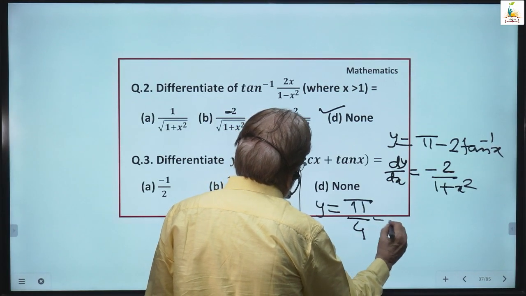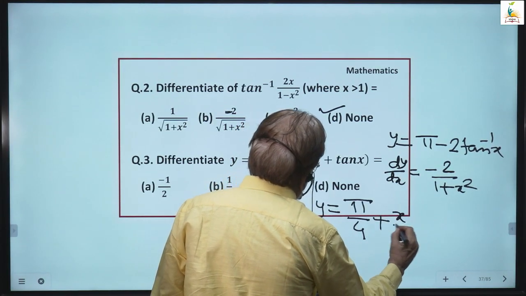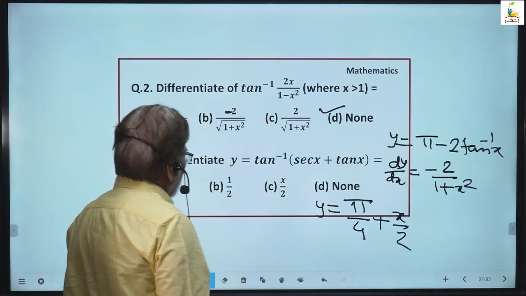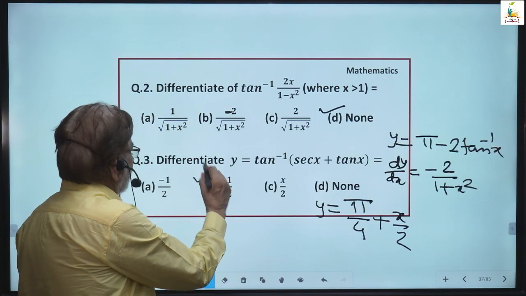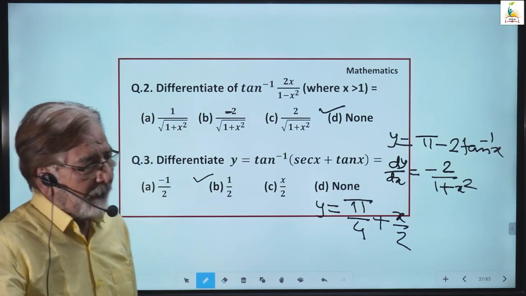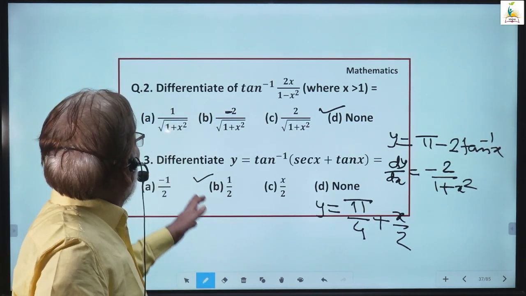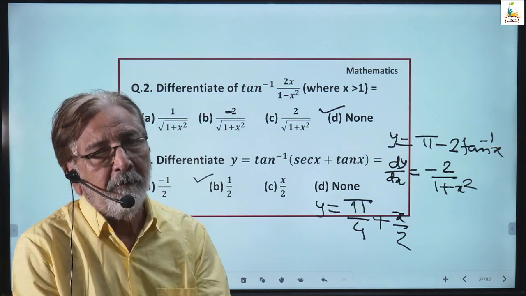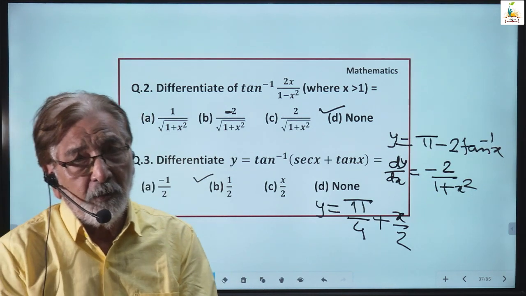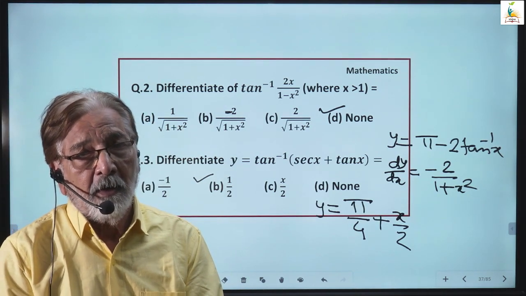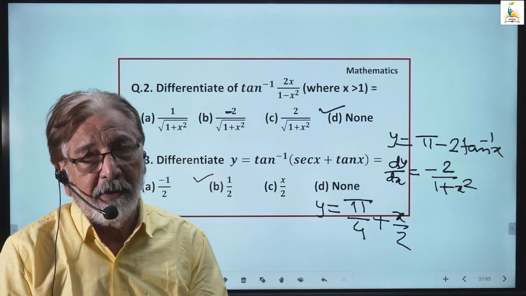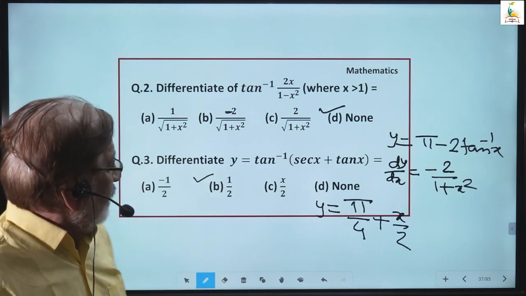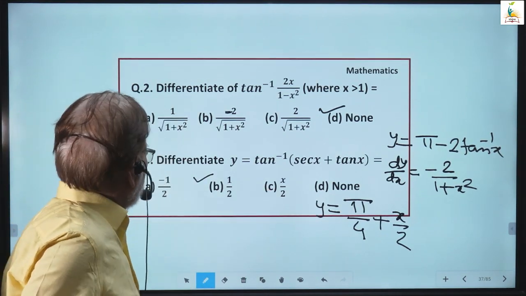Now this is a very good question. So the differentiation of this will be equal to half. Question number two was very important. Similarly, question number three is very important because if you do no simplification, the question can be done orally. Otherwise, it will be a lengthy question.